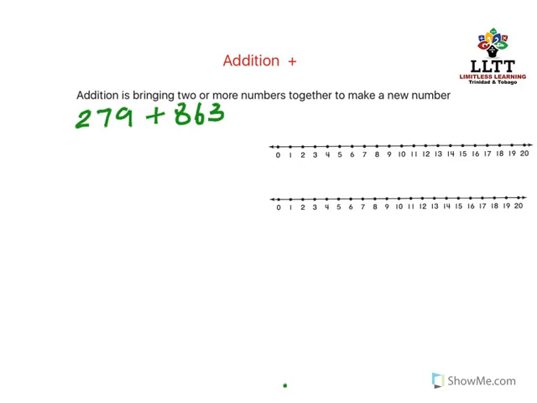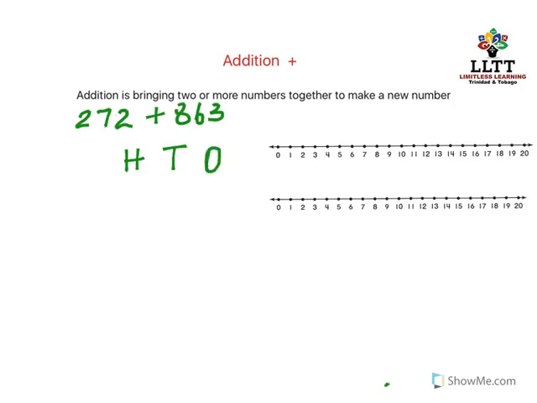Oh, I'm sorry, guys. This should be 272 plus 863. I'm sorry, guys. So we have 3 digits, so we're talking about hundreds, tens, and ones. So I'm going to put in hundreds, tens, and ones.